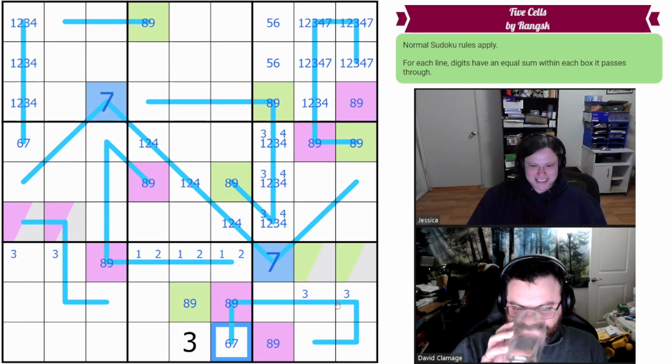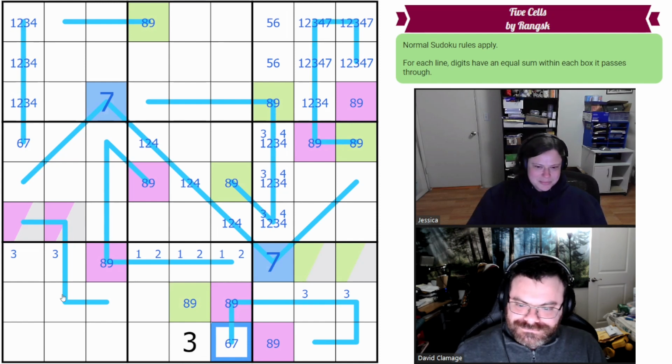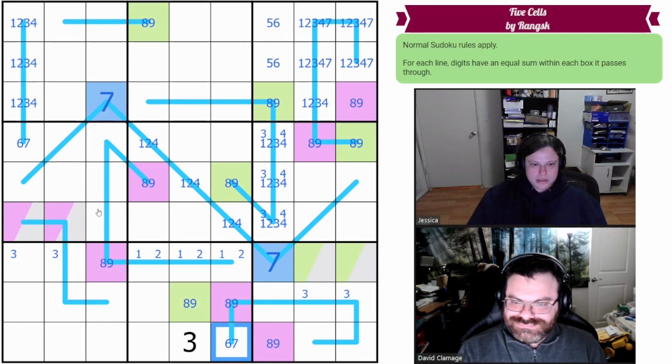Yeah. Okay. Green. Does that mean? Yeah, it means this is a purple-green pair, which gives us the sum. 17. 17 and 3 is not very interesting.